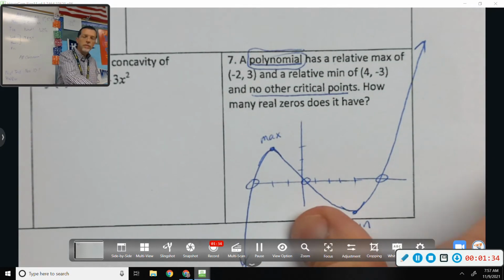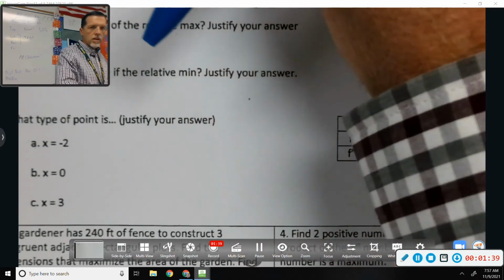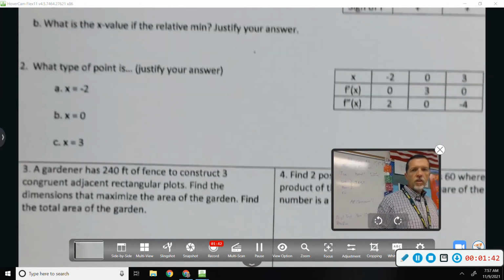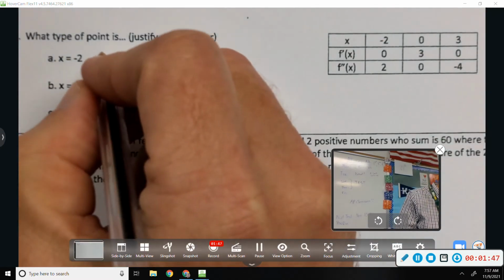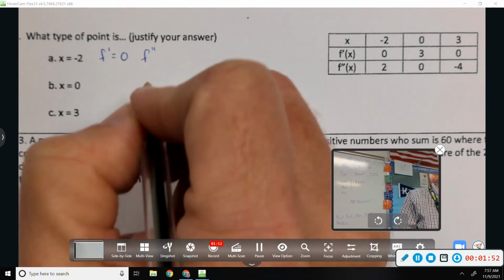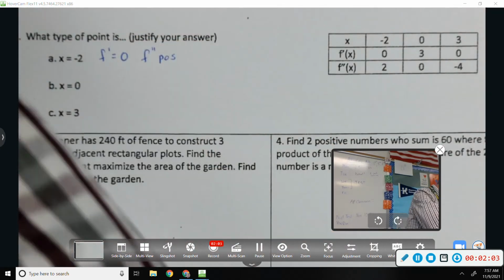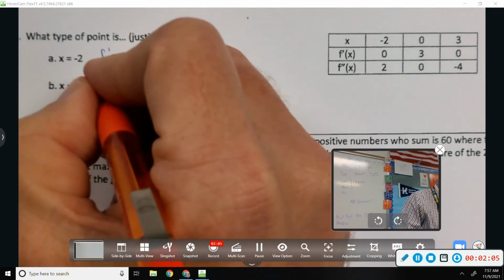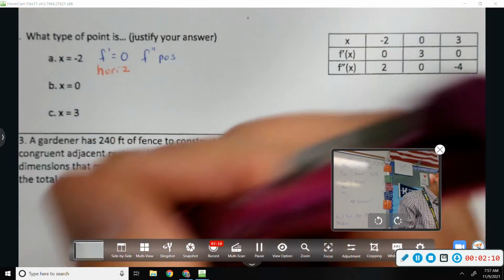Number 2. What type of point is this, and justify your answer. So at x equals -2, f prime is 0, f double prime is positive, so there's a horizontal tangent line, but it's also concave up.